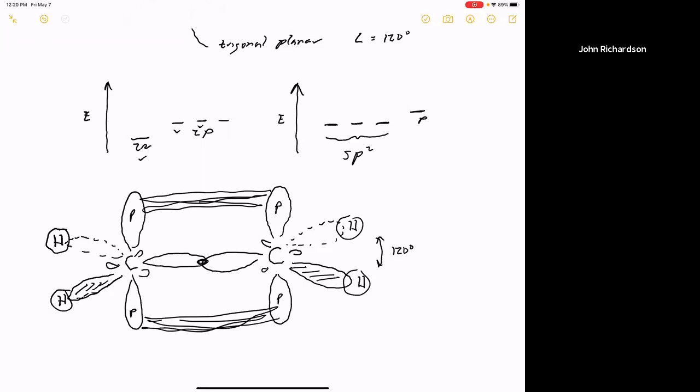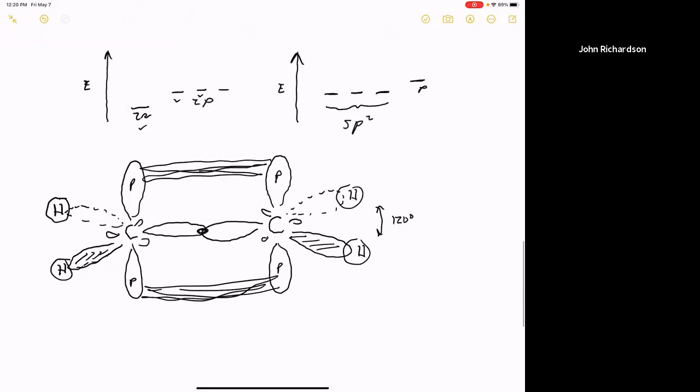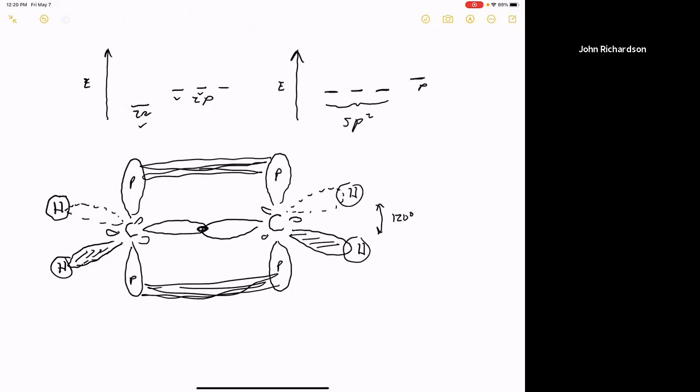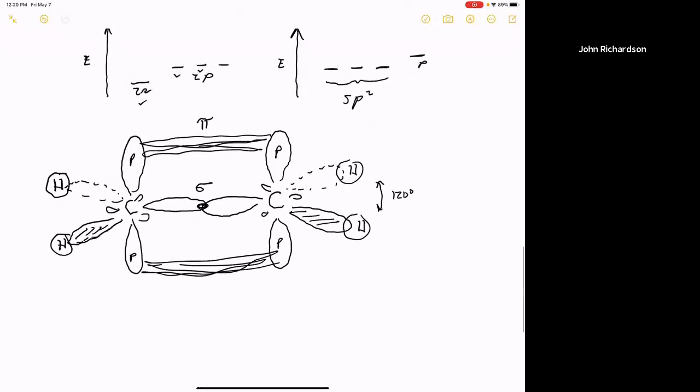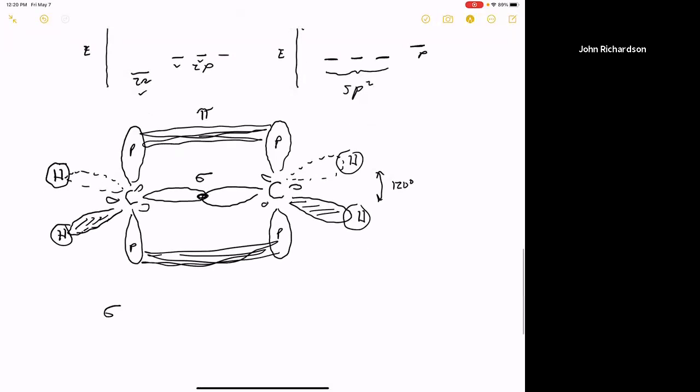All right, and we have a name for this. If we have direct orbital overlap, this is called a sigma bond. If I have indirect or side-to-side orbital overlap, like between the 2 unhybridized p orbitals, that's called a pi bond. Okay, so just defining that. A sigma bond is direct or end-on orbital overlap.